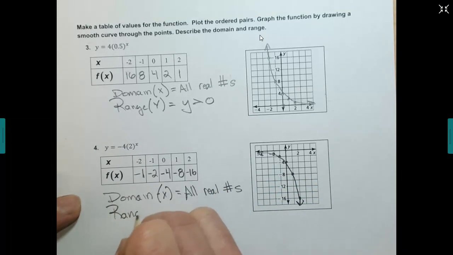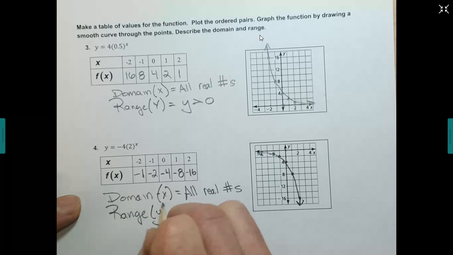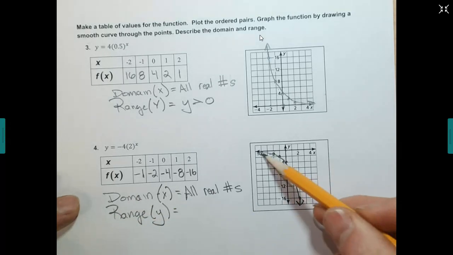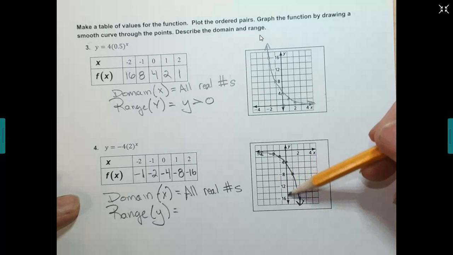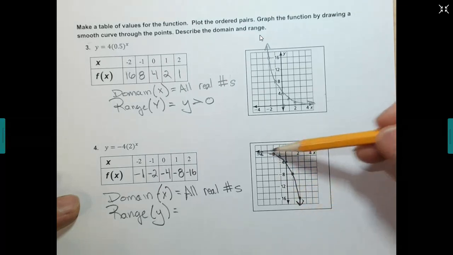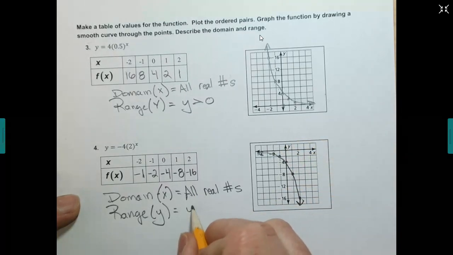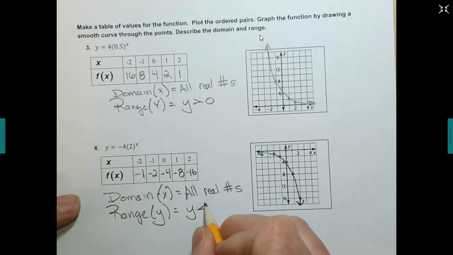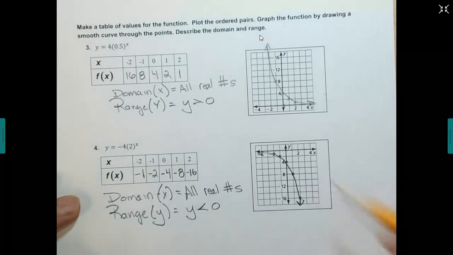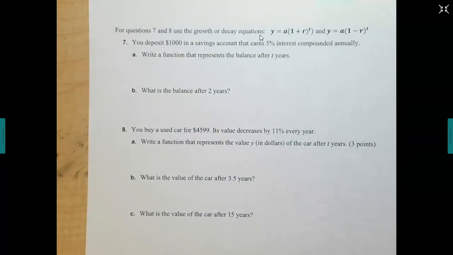And then my range, which is my y values, goes down here, so it goes negative forever, but it stops. So y is less than 0. Stops at 0. All right, pause the video if you need to. Hope you appreciate how we went from number 4 to number 7, just like that.